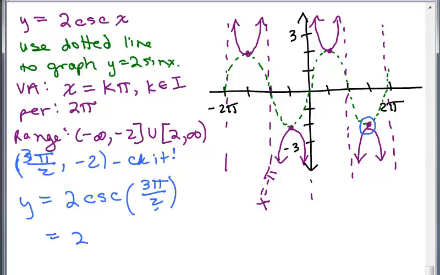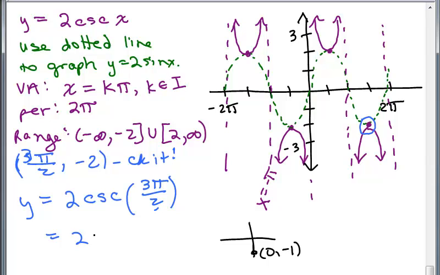When you plug that in, you want to make sure you get -2. So what's the cosecant of 3 pi over 2? I always think of the unit circle here. Here's 3 pi over 2, and that ordered pair is 0, -1, right? And how do you get the cosecant? It's the reciprocal of the sine. So the sine is -1, right? That's the y value, so the reciprocal is -1.